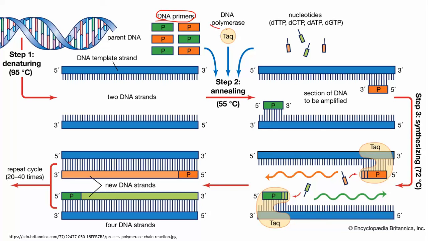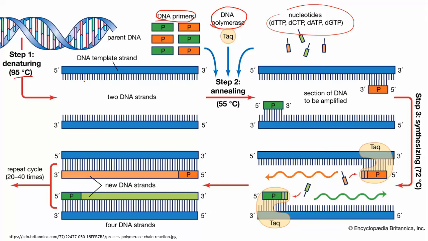You're going to have a specific type of DNA polymerase that is heat resistant, so you can heat it up to, say, 95 degrees Celsius, and it's not going to denature, but your DNA strands will separate. And then you're going to have a bunch of nucleotides in there: dTTP, that's deoxythymidine triphosphate, deoxycytosine triphosphate, deoxyadenine triphosphate, and deoxyguanosine triphosphate. So you've got the building blocks for making DNA.